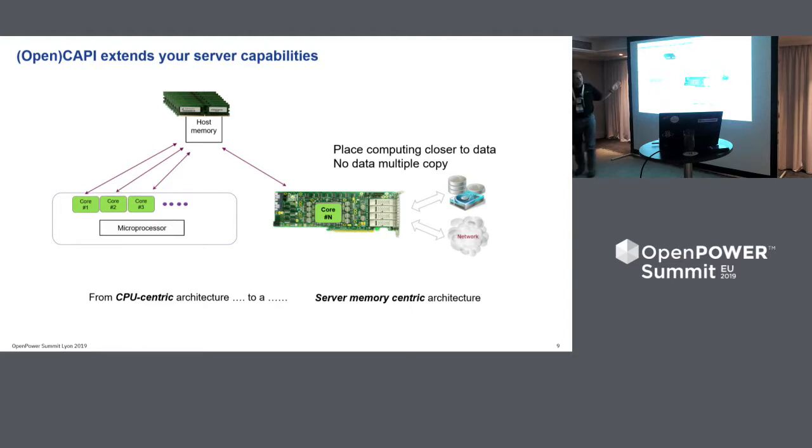We are changing the paradigm, meaning that the host memory is the middle of the server. So your FPGA card will access the host memory with exactly the same rights as any core on the CPU. This one will be master, thanks to CAPI.